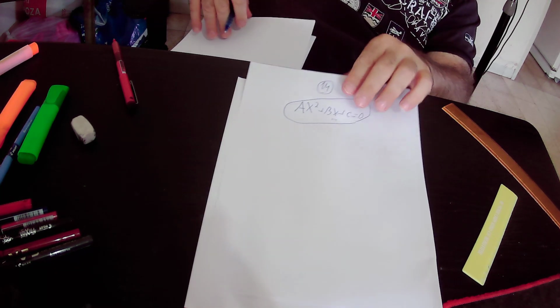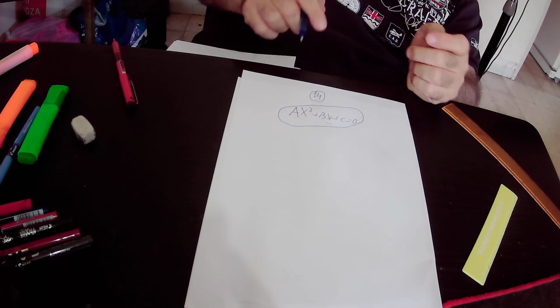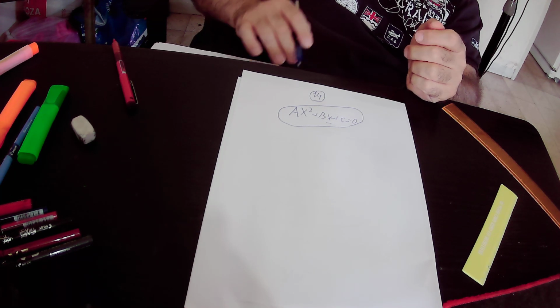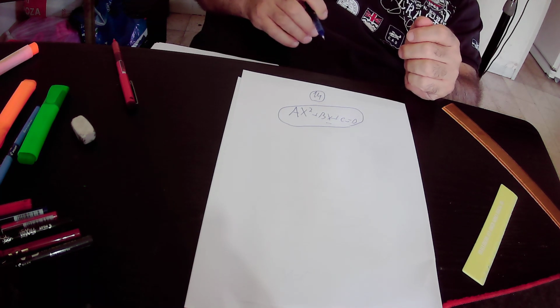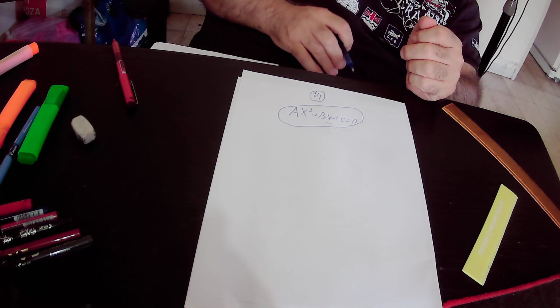So that is the general formula for a quadratic equation, when a, b, and c are the coefficients of this quadratic equation, and x is the variable that we want to find out.